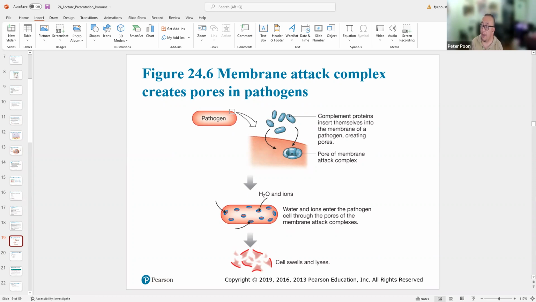When there are enough antibodies binding to something, the complement will bind to the antibody and start interacting with each other. Eventually they form a membrane attack complex, which punctures little holes in the cell wall. The cell wall will no longer function, and that will cause the cell to lyse.